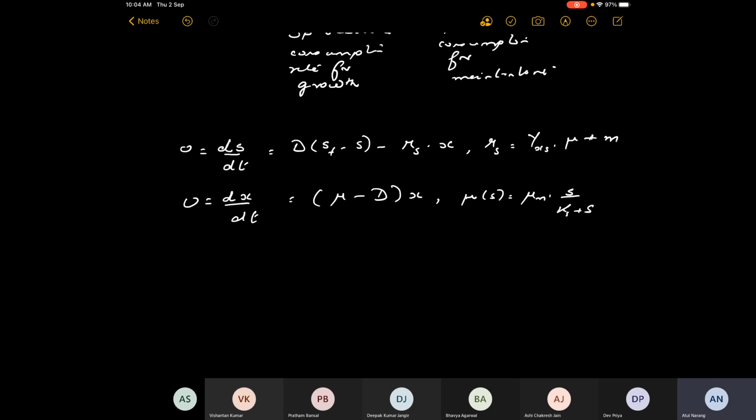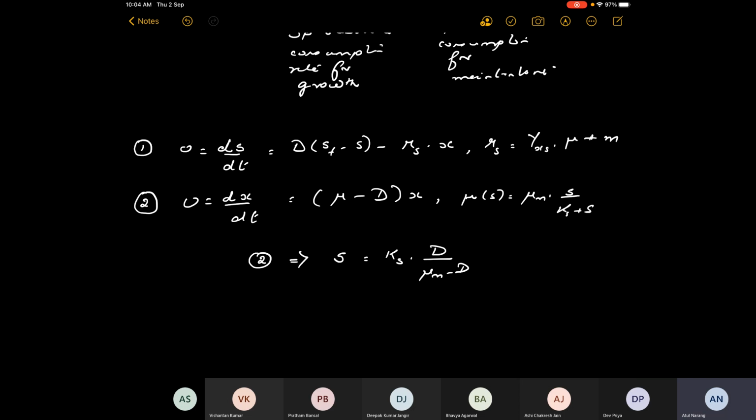So you can see straight away from this, if I call this equation 1 and this equation 2, equation 2 is no different from the equation we had earlier. And we've already done this earlier, so 2 implies that S is equal to Ks divided by (mu_m over D plus 1), because it's no different from what we had earlier.